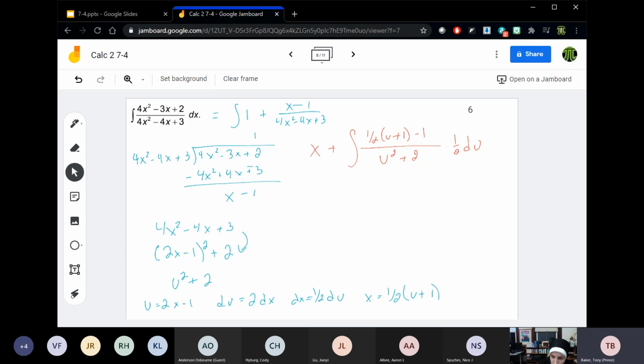So I can change this. I'm going to pull out the 1/4. And I'm left with u minus 1 over u squared plus 2 du. So far, so good?